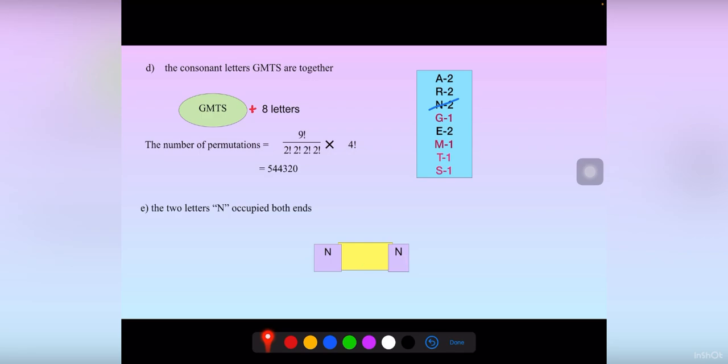Inside here it should be 10 letters, because the two N's are already taken. So the number of permutations is 10 factorial over 2 factorial times 2 factorial times 2 factorial, times 1 from here, which is already fixed, also 1 way, and the last one also 1 way. So you have 453,600 ways.